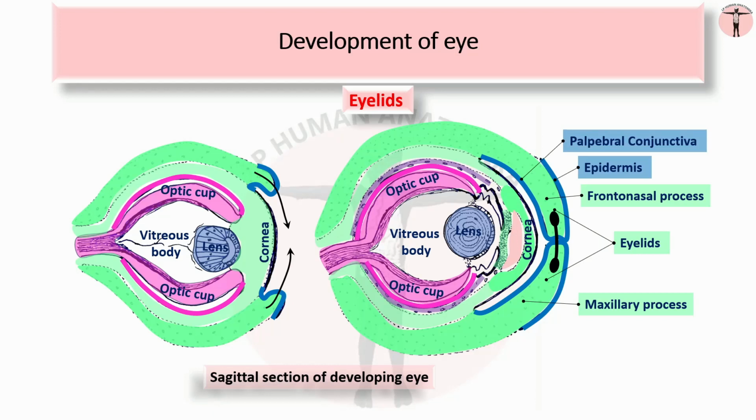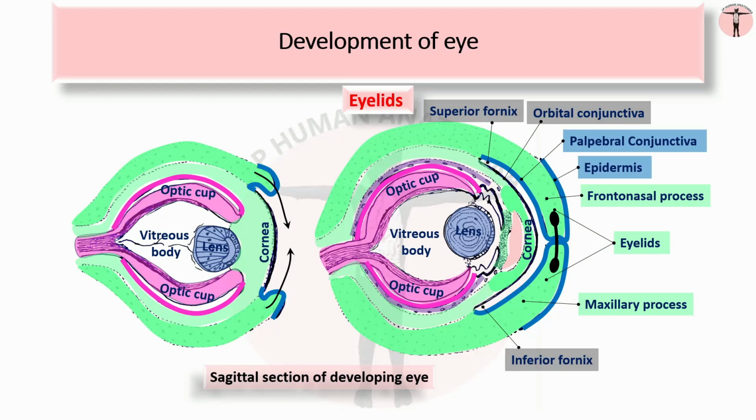The ectoderm which covers the anterior surface of cornea and sclera develops into orbital conjunctiva. The junction between the orbital and palpebral conjunctiva forms the superior fornix and inferior fornix related to upper eyelid and lower eyelid respectively.